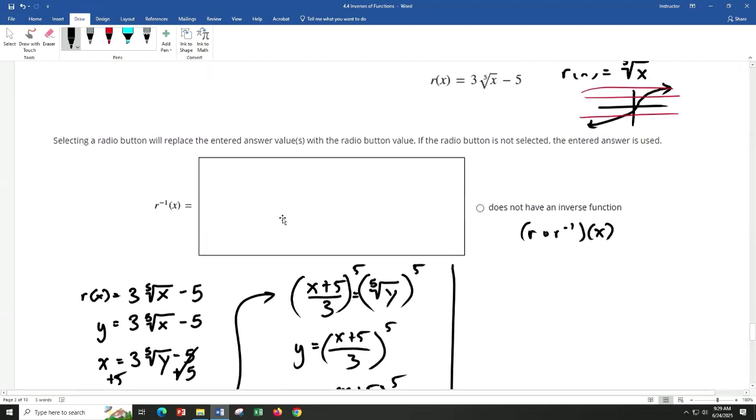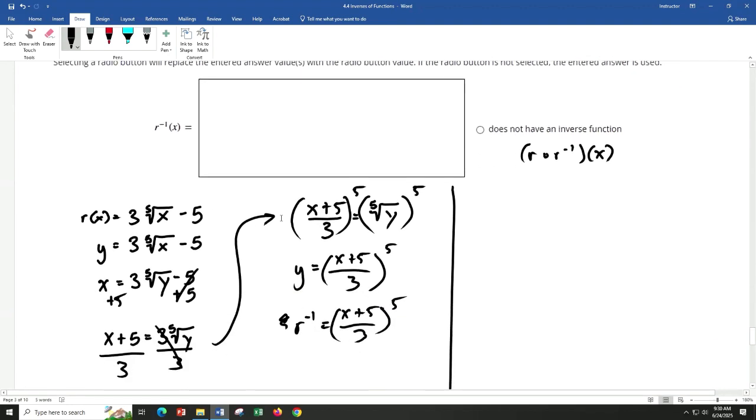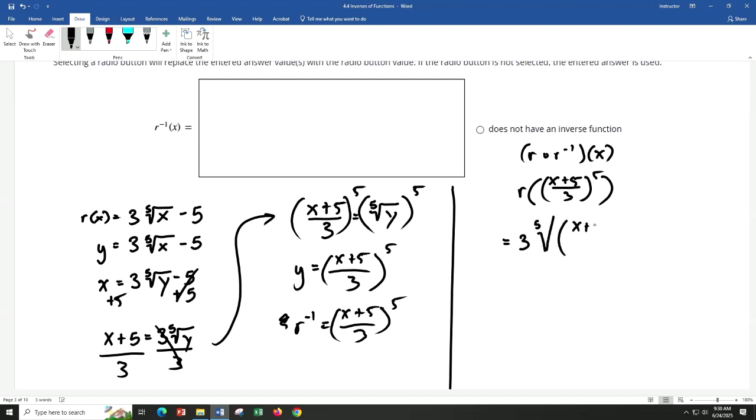Look at it carefully. I've got this original function, so I'm gonna have f of the inverse, which is 3 to the fifth root of x plus 5/3 to the fifth power minus 5. This one, double check.